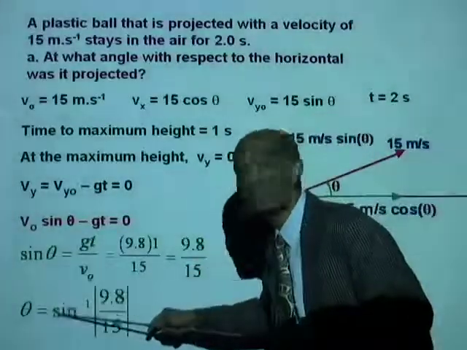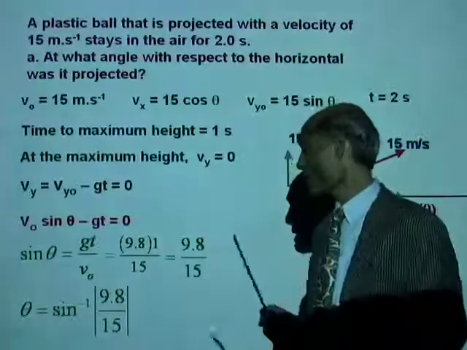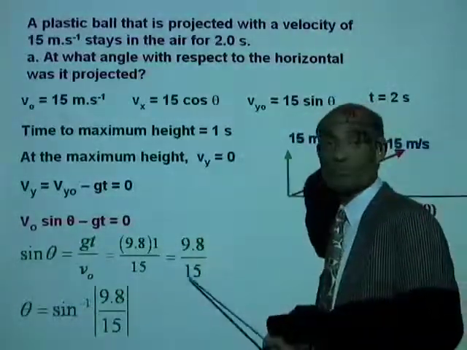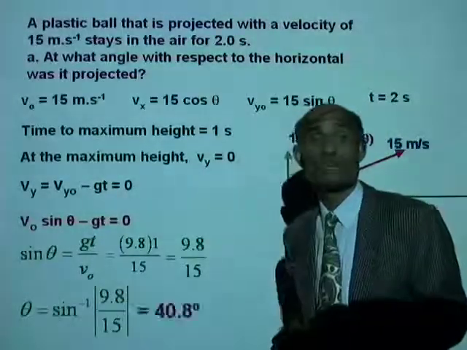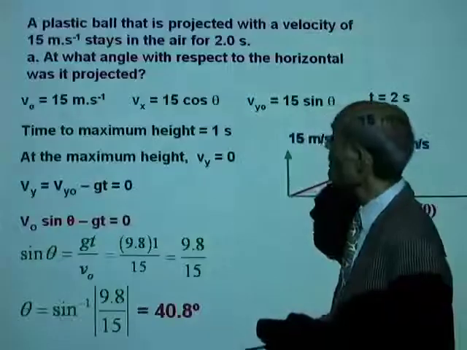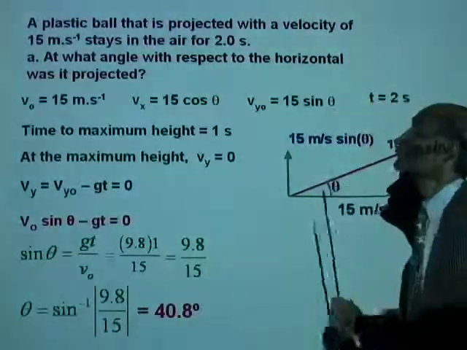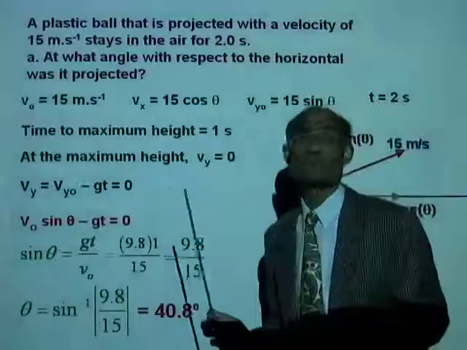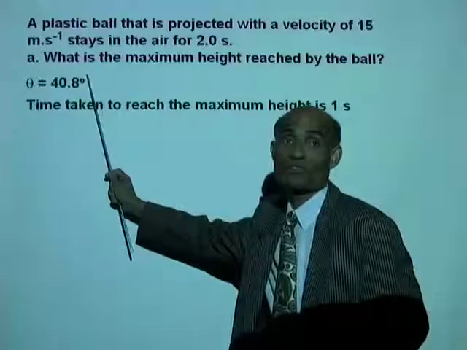Therefore, theta equal to sine inverse of 9.8 over 15, and that is 40.8 degrees. So the angle of projection is 40.8 degrees. That's the first part of the problem. Let's see what the second part is.